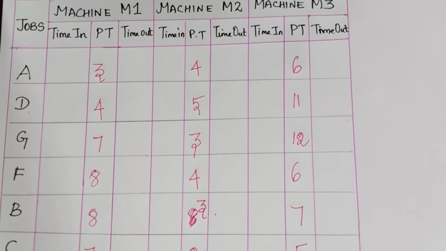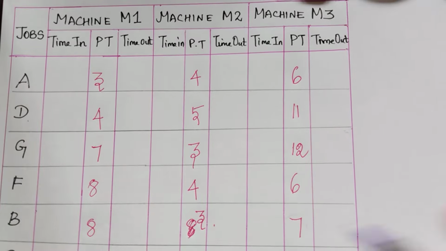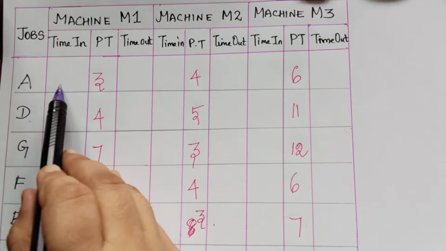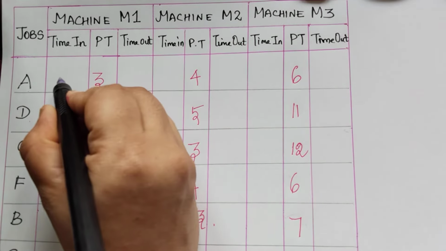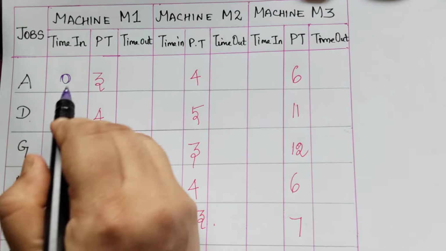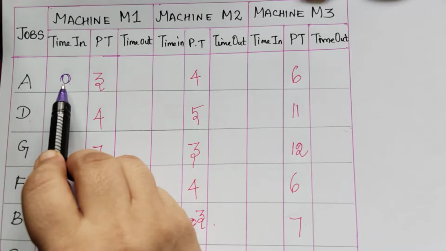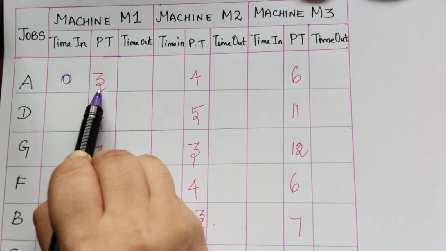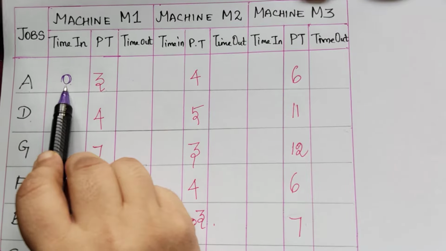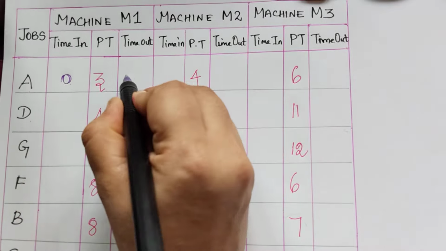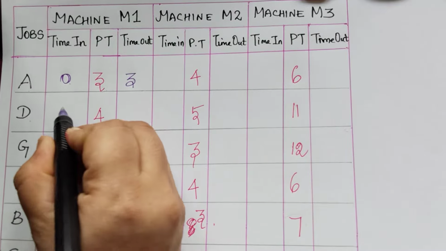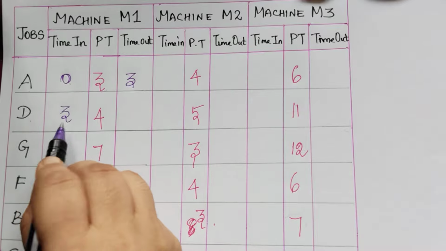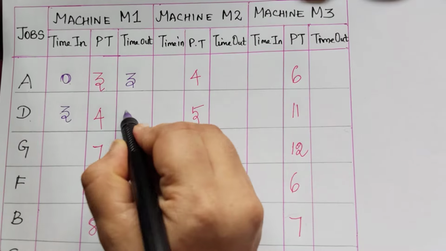So now we shall start with the problem. Initially, A will have the time in as 0, and then the time out will be, since it is being processed for 3 hours, 0 plus 3, which is 3 here. Then this 3 we write here, and then 3 plus 4 is 7.